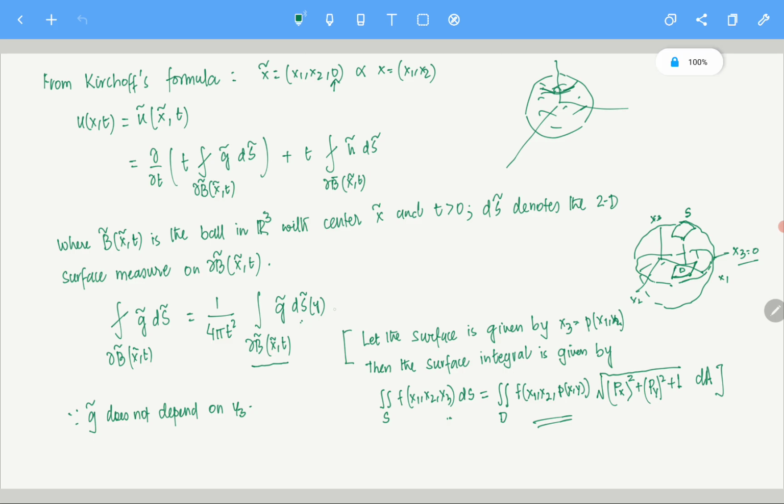you can break up into two hemispheres, the upper hemisphere and the lower hemisphere. Yes, you can break it up into two hemispheres. So from (3), what I can write is this: 2 times this particular term, where the integral is not on the boundary of B tilde, but now it will be on the base, for x3 equals 0.